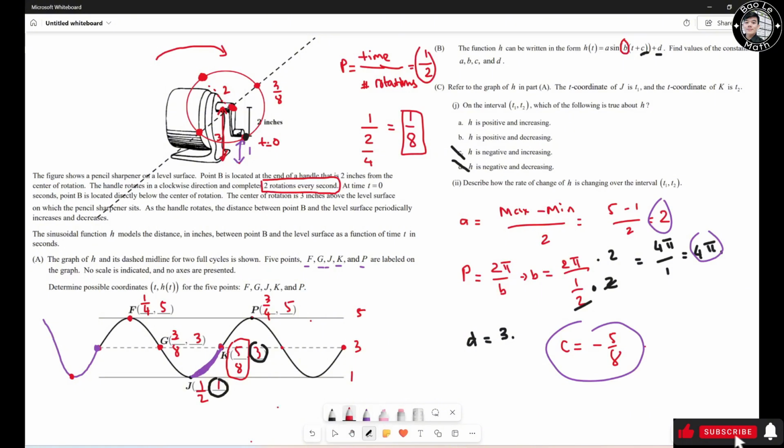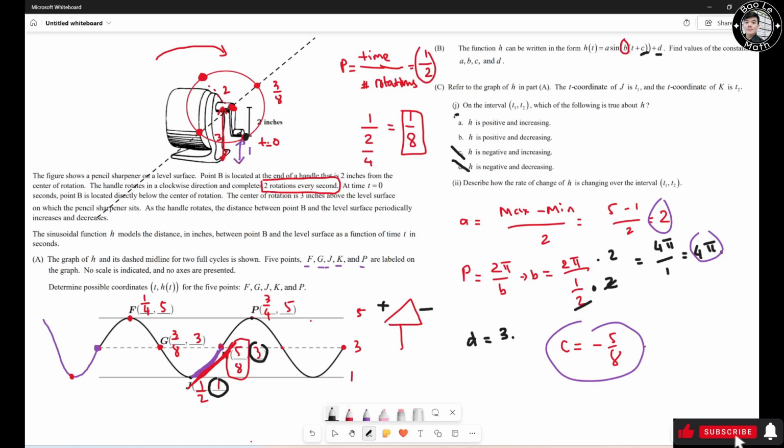Now we draw the tangent line right here, and we see that the rate of change is positive. Use the Christmas tree trick: if the lines go in this way, the rate of change is positive. If the lines go in this way, the rate of change is negative. So the rate of change is positive, which means the function is increasing.